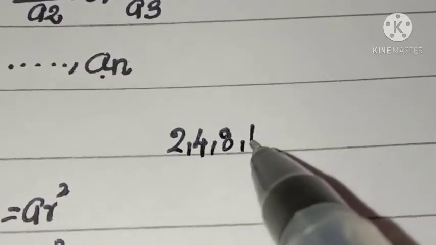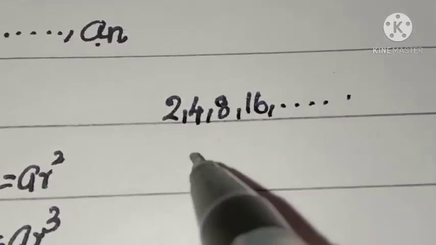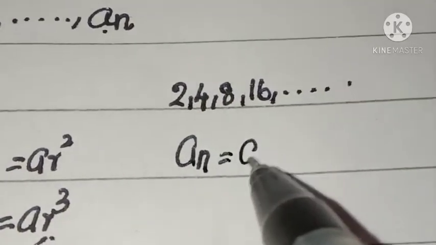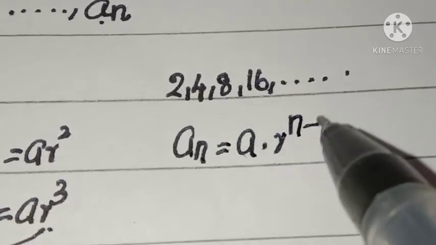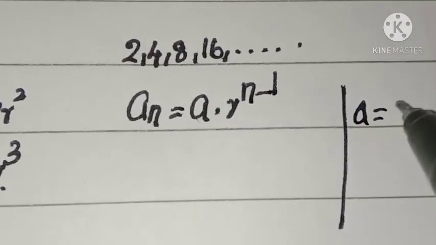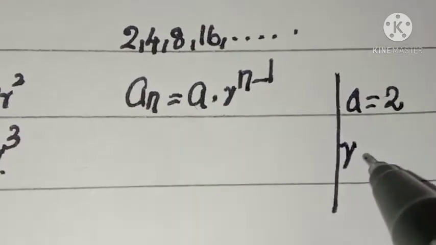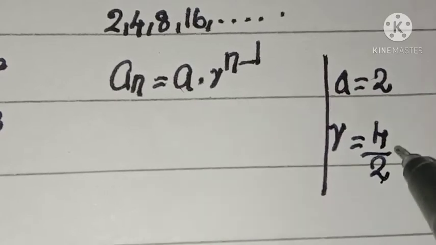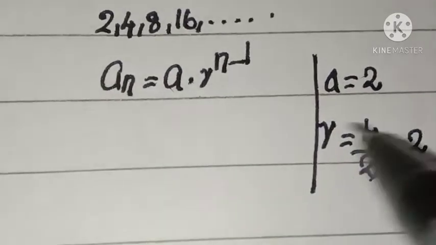Suppose we have a GP 2, 4, 8, 16, etc. We have to find its nth term AN. So AN is obtained by A into R raised to n minus 1. Here A, the first term, is 2. R is the common ratio. The common ratio is obtained by the second term by the first term. So it is 2.